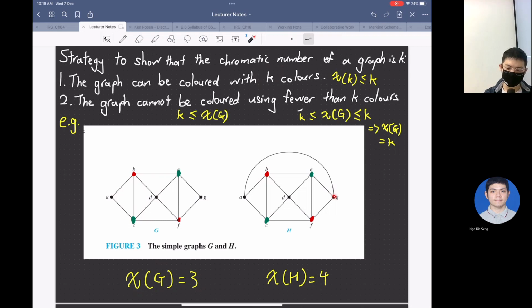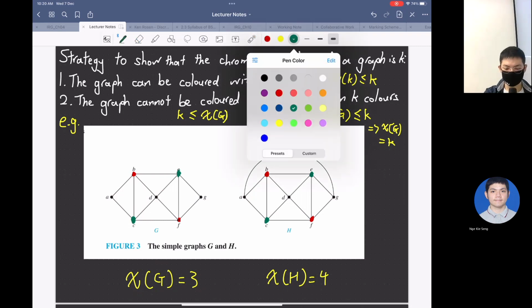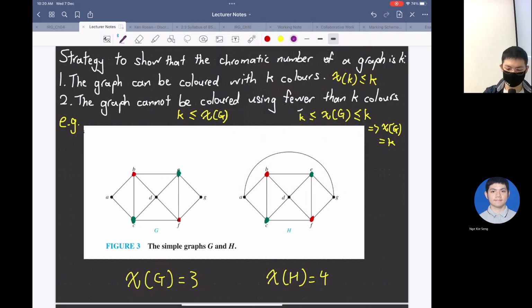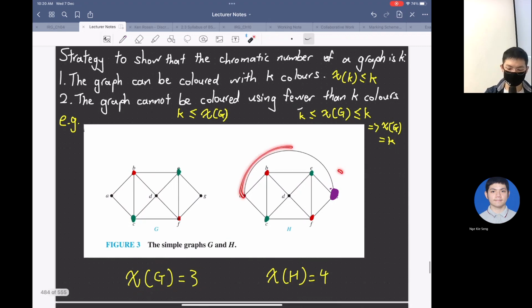But you can see that this black here and this black here are connected, but they cannot be the same color. So the only way is to add another color, so maybe add a purple in. Then you can make sure that all adjacent vertices have different colors.